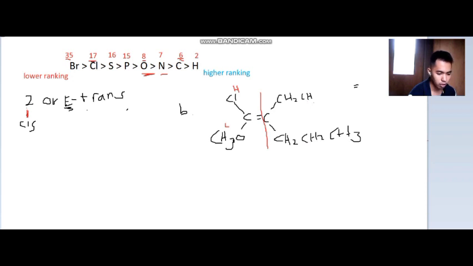Based on our analysis, CH2, CH2, CH3, the lower part of the bond in the second carbon, has a higher count of carbon than the upper one. So this is a propyl, and this propyl here has a higher rank than our ethyl.